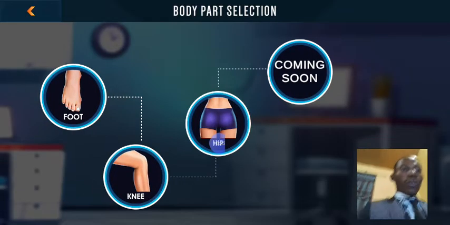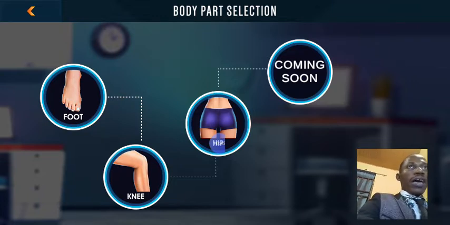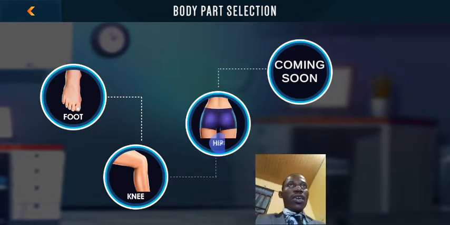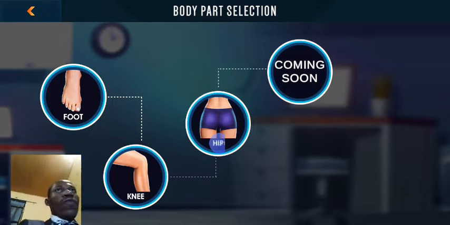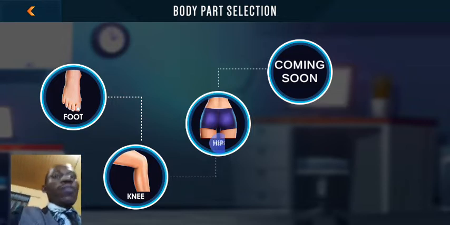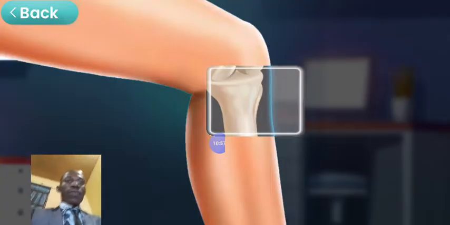Okay, we want to take a look at the joints and types of joints before we exit this class. The first type is what we call the movable joint. A joint is a point where two or more bones meet together in the body.